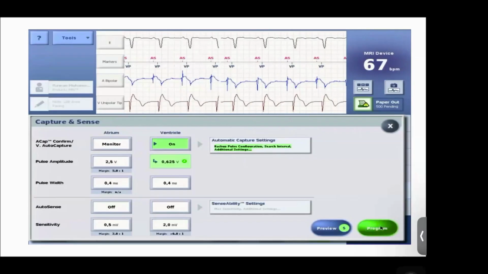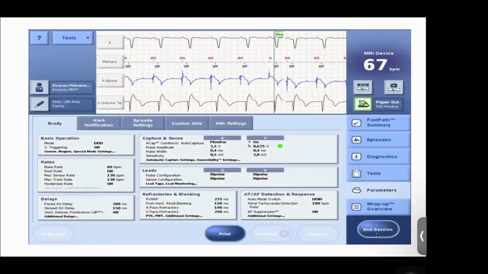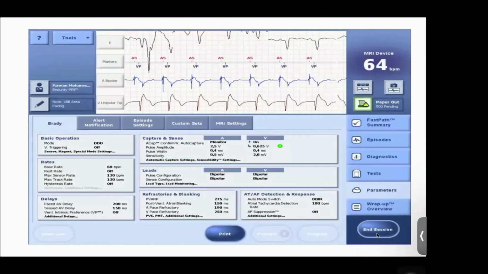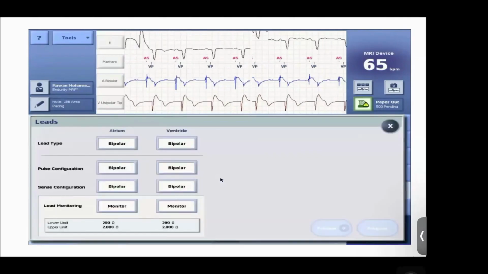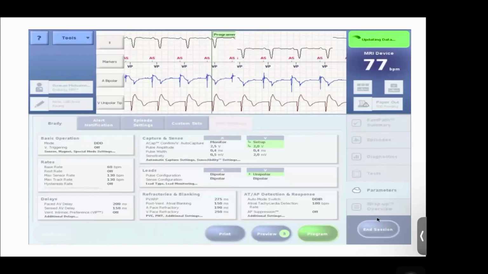We will activate the auto capture, so the amplitude decreases from 2 volt to 0.625 volt. This will increase the battery longevity for sure, and we make the atrial lead monitor only. And we change the pulse configuration here from bipolar to unipolar.